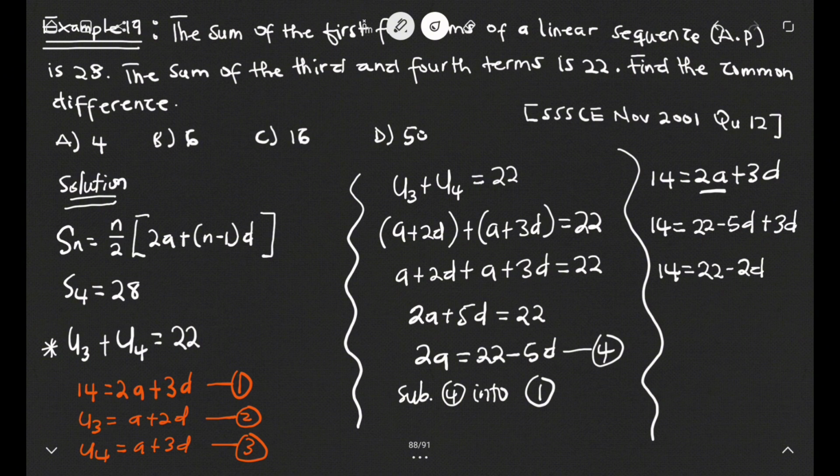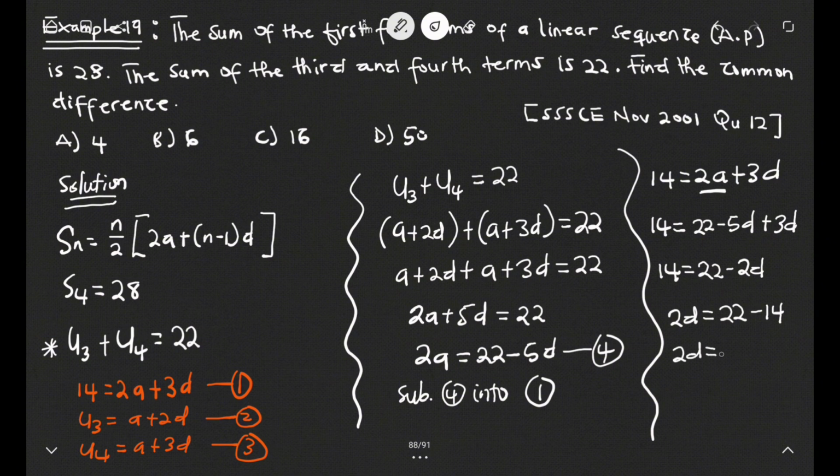Okay, so from here I can proceed to group items. I decided to send the negative 2d to the other side of the equal to sign and send the 14 to the other side so that I get positive values. So I have positive 2d is equal to 22, and I send the positive 14 to the other side, it becomes negative, so I have minus 14.